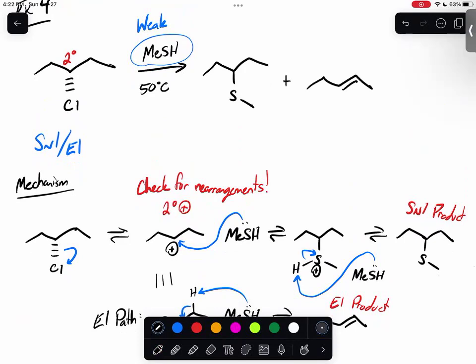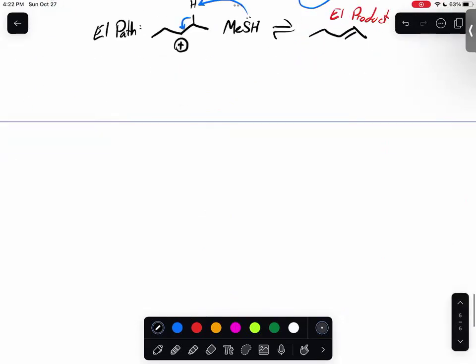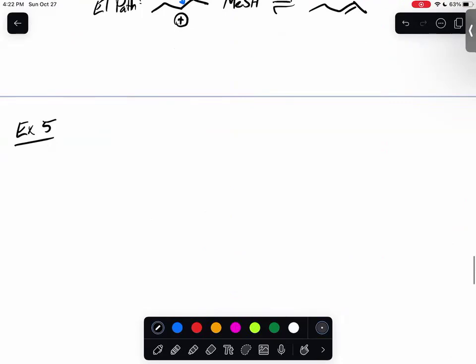Let's do another. So this will be example 5. So on this example, we are going to see this as our reactant. Then we're going to have some KOtBu, HOtBu at 80 degrees Celsius.